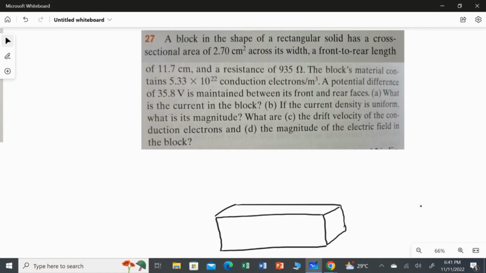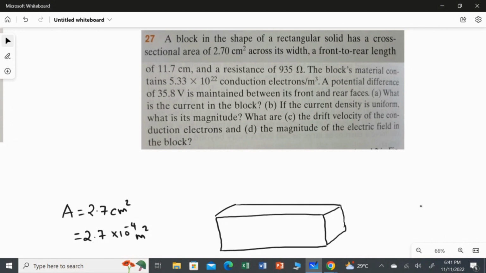And what is the area of the block? The area of the block is 2.7 centimeter square. So you have to convert this in terms of meter square. So 2.7 multiplied by 10 power minus 4, yes, meter square.